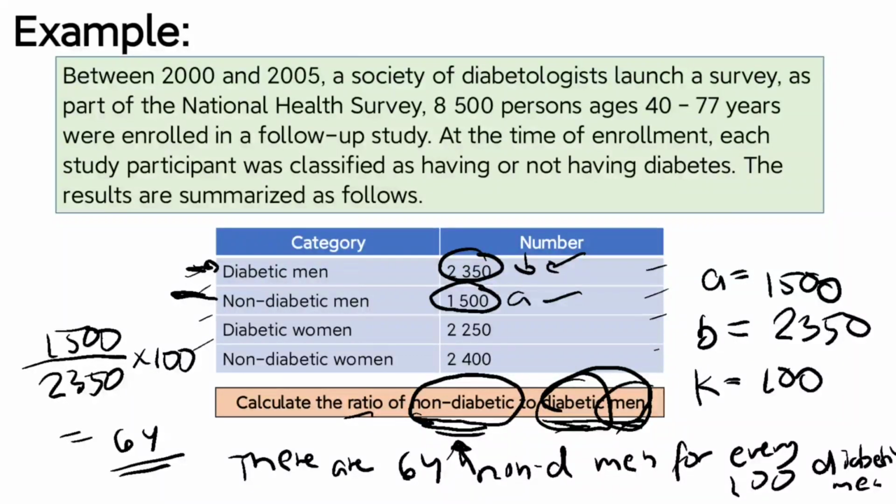Okay, so you have 1,500 divided by 2,350, which is 0.64, multiplied by 100, you will get 64. So the answer is, there are 64 non-diabetic men for every 100 diabetic men. Okay? So, ganun lang siya kasimple, no?